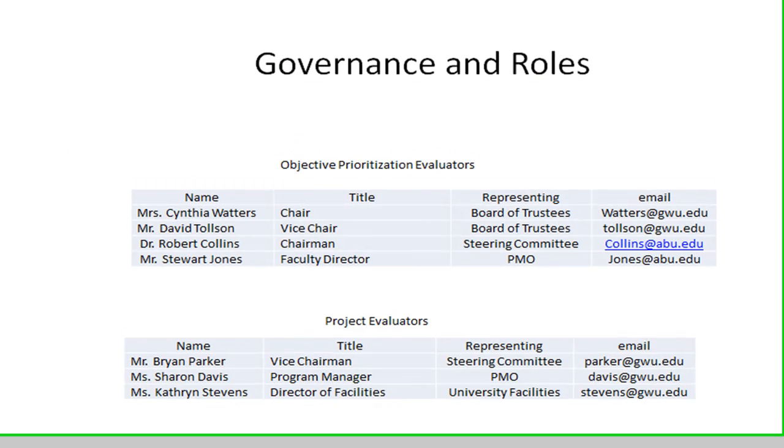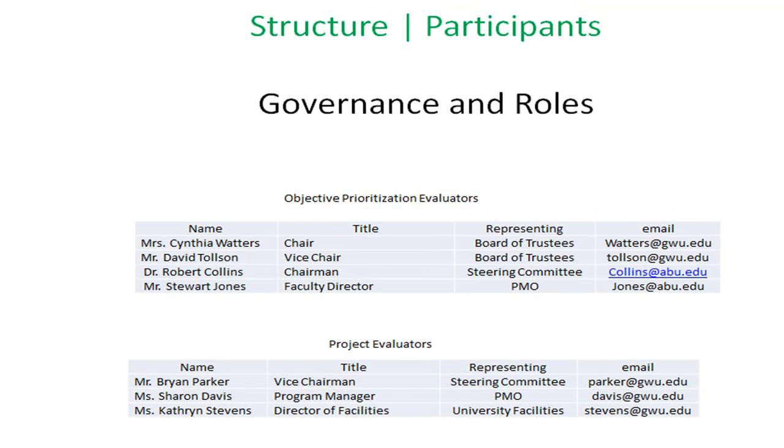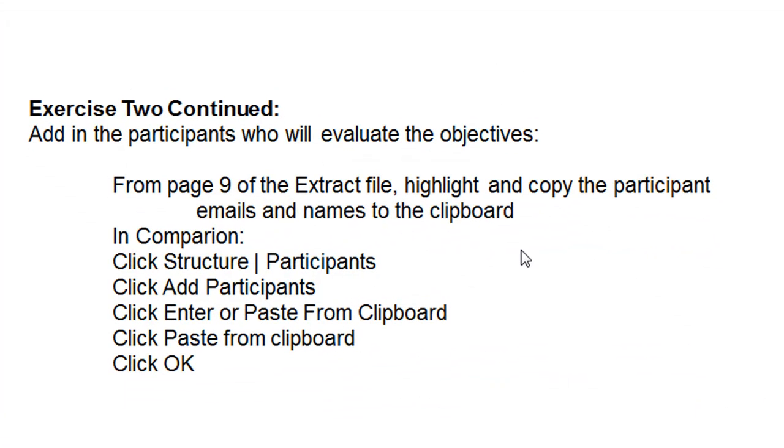Next, we will structure participants and enter the participants. And here's a listing of participants and their functions, their roles in the organization. There's also a page in the extract file that has just their names and emails. We'll use that next. So on page 9 of the extract file, we'll copy these to the clipboard and put them into the Comparion model.